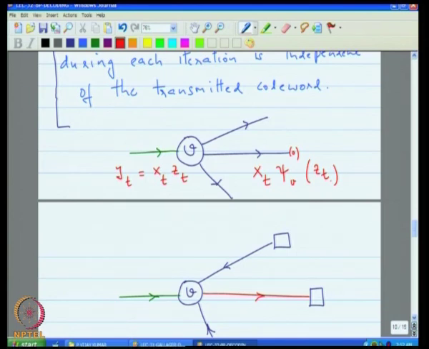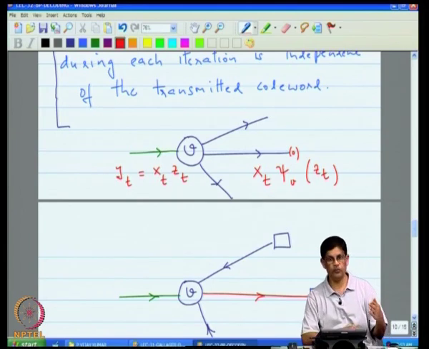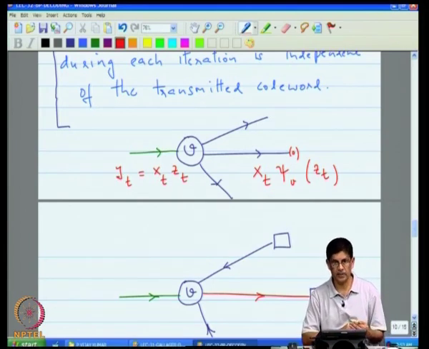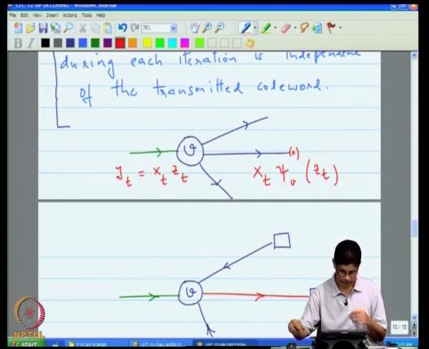That is, the message that is passed when the symbol is xt is xt times what it would have been had xt been equal to 1. Okay.